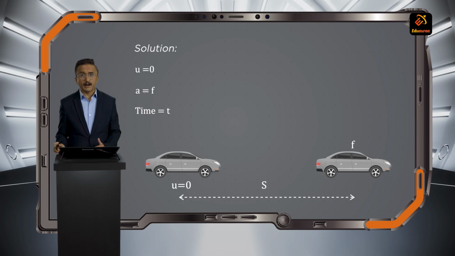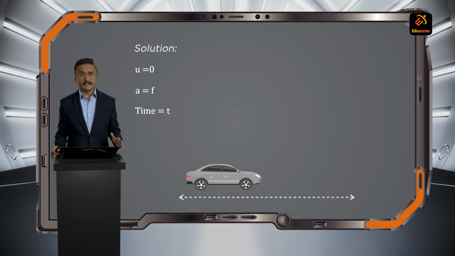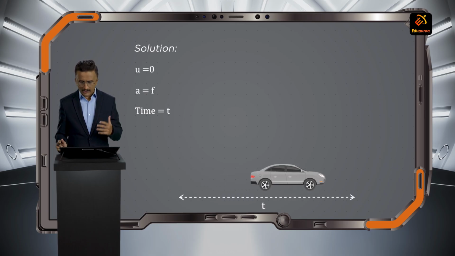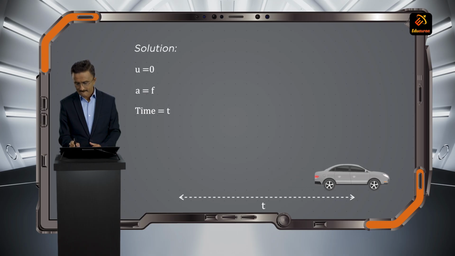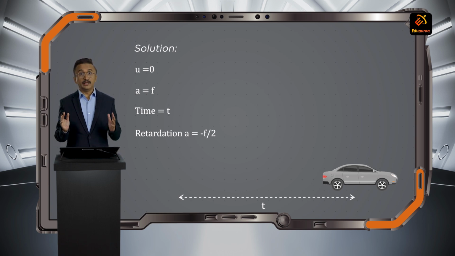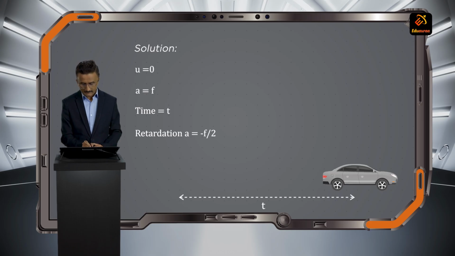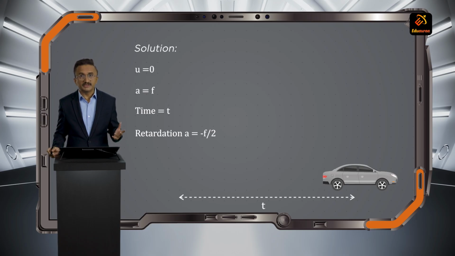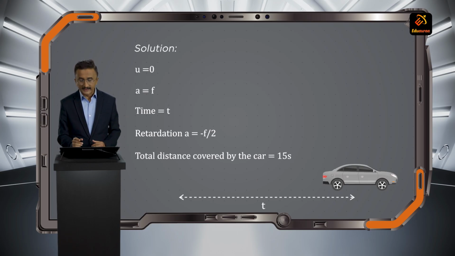So here my second part, it is moving with a constant speed and the time is equal to t, and after that the driver applies the brake, but the retardation, or I can say a is equal to minus f by 2, and the total distance covered by the car is equal to 15s. Then find out the value of s. Okay, so this is the scenario.